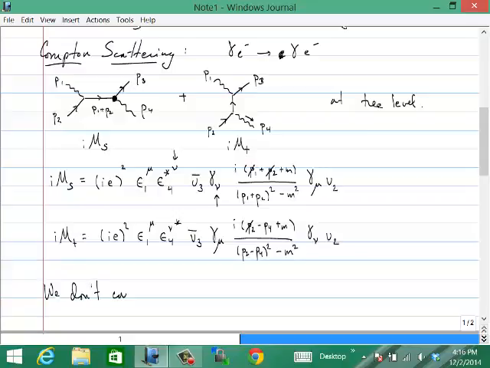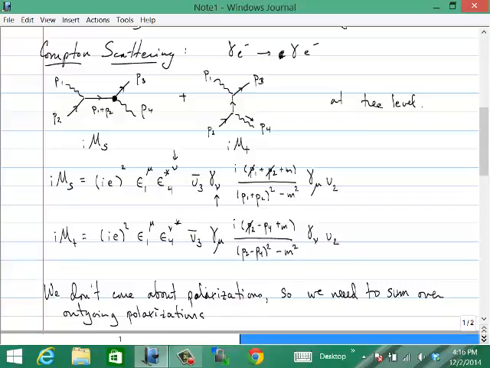And so if we don't care about polarizations, then we need to sum over the outgoing polarizations or outgoing spins of the electrons and average over the incoming polarizations and spins.